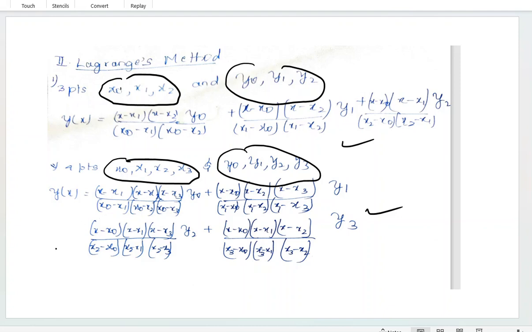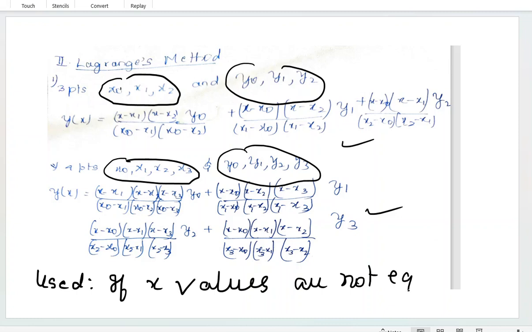This Lagrange method is very useful if the x values are not equally spaced. If 3 points are given, we use the first formula. If 4 points are given, we use the second formula.